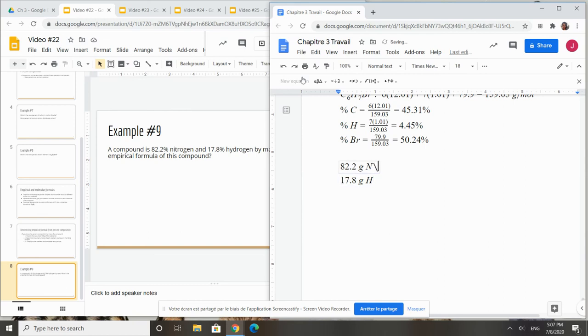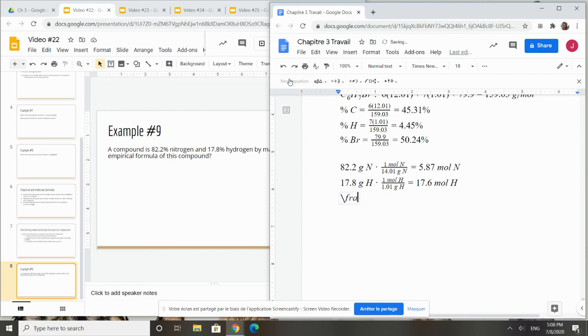So then I just convert both of these to moles. And then I need to find the smallest whole number ratio.